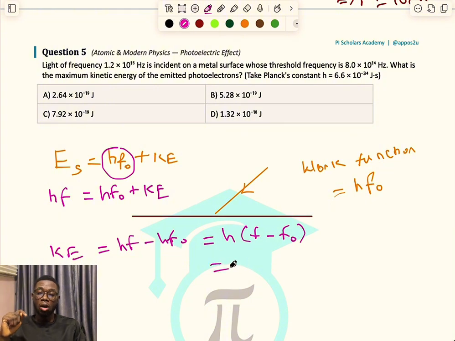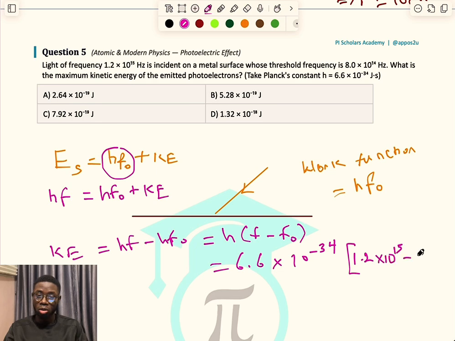The Planck constant is 6.6 times 10 to the negative 34, multiplied by the difference in frequency. We have 1.2 times 10 to the 15 minus 8 times 10 to the 14th power.